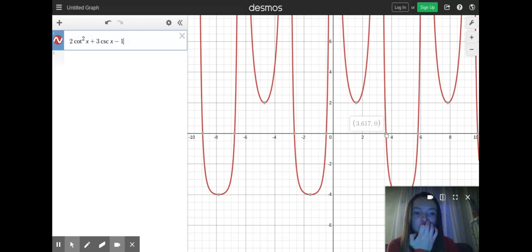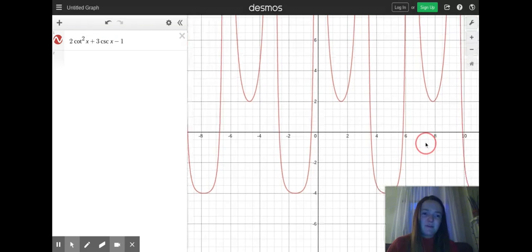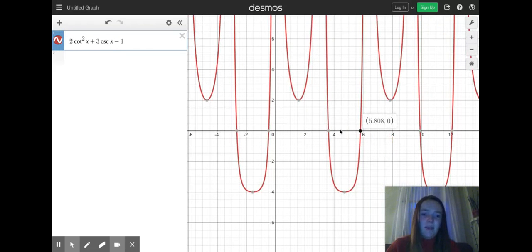So really what I'm looking for is where does my function cross the x-axis? I can see that happens at 3.167 and at 5.808. If you notice here, guys, I think our answer was 3.616, and the reason it is 3.617 on Desmos is because it rounded up. I think the following decimal was a 5.